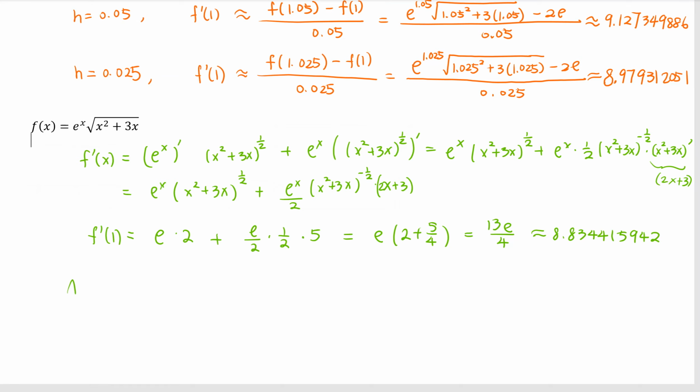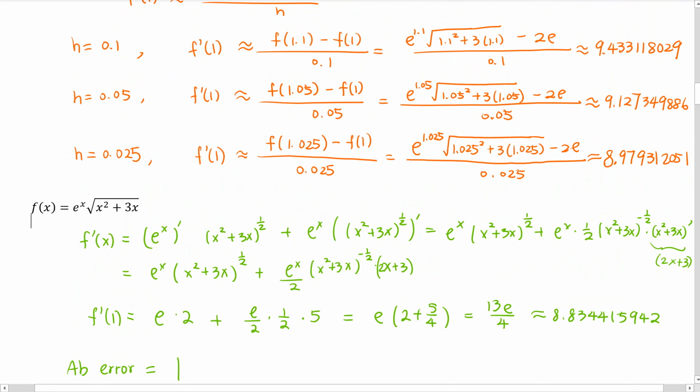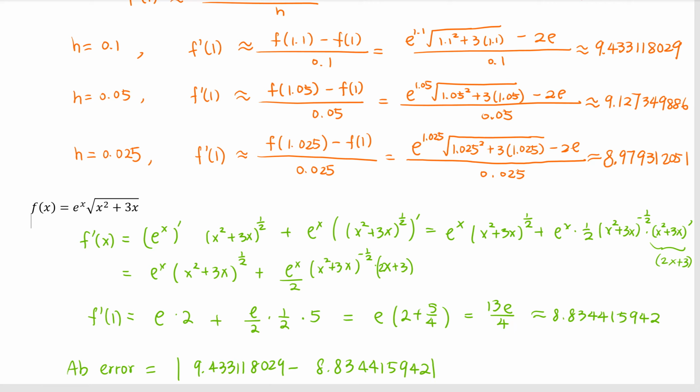Okay, now, what is the absolute error? Well, absolute error, let's look at the first approximation. Well, that is 9.433118029 minus 8.834415942.